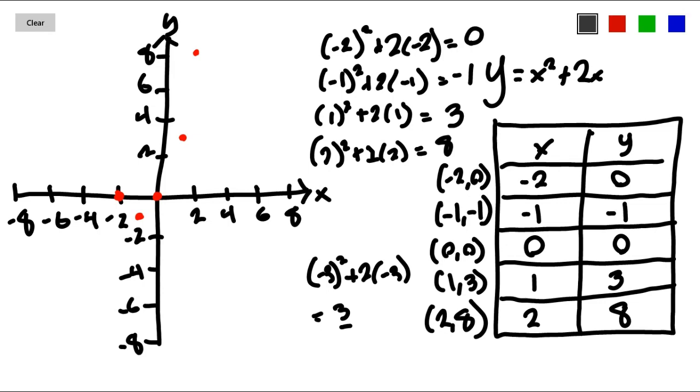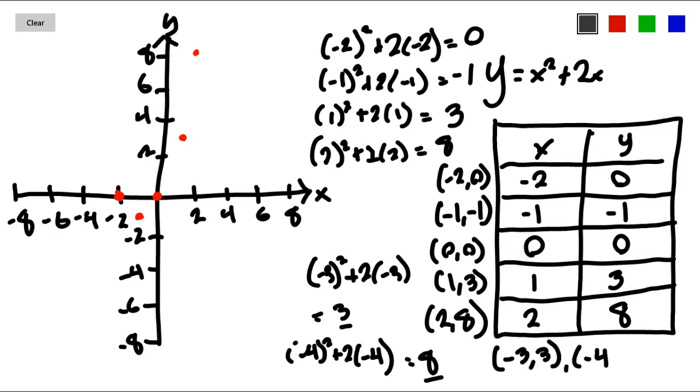And then if I plug in x is equal to -4, -4 squared plus 2 times -4, this is going to give me 16 minus 8, which gives me 8. So I'll also have the points -3, 3, and -4, 8 on the graph. So that one goes about right here, and the other one is about right there.